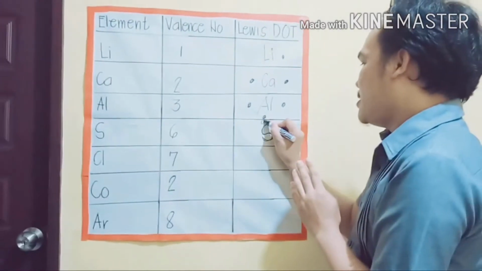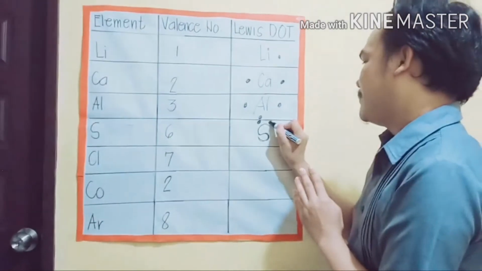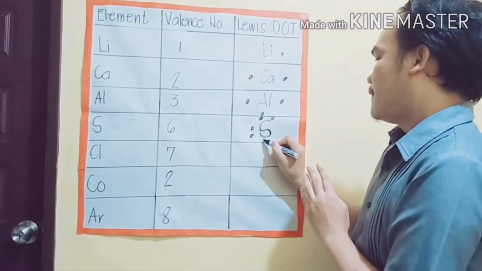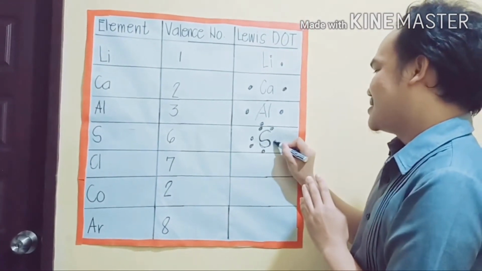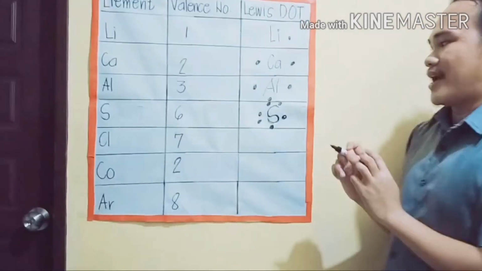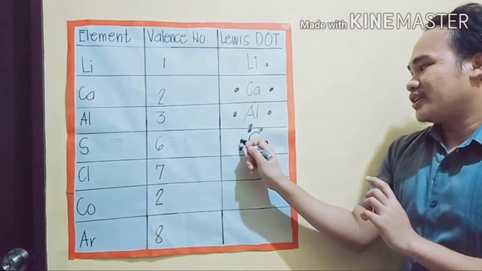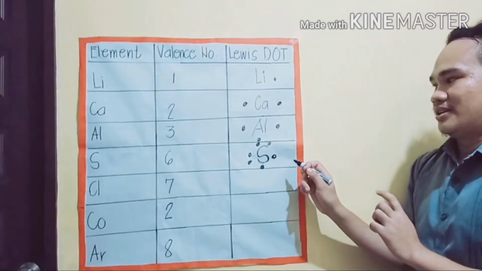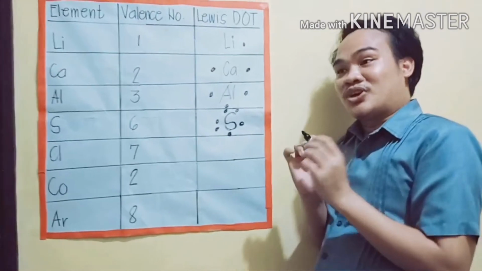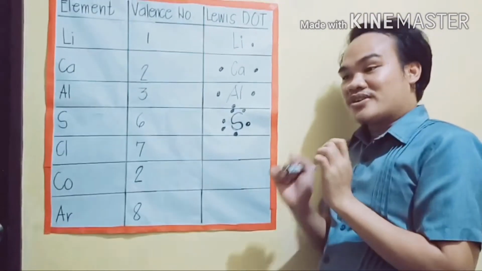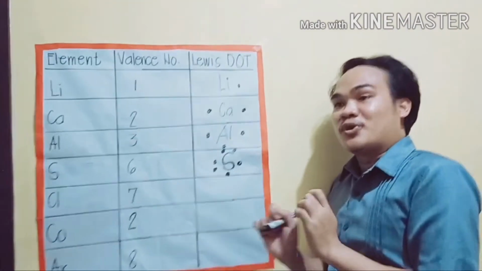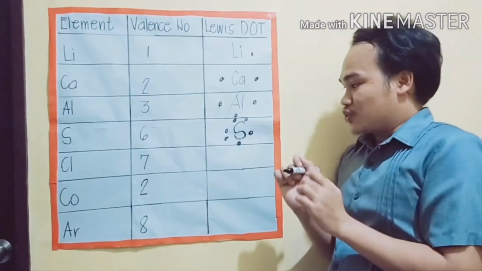So 1, 2, 3, 4, 5, 6. It is very easy to write the Lewis structure of an atom, because always remember that your valence electron count is the number of dots in your Lewis dot structure.